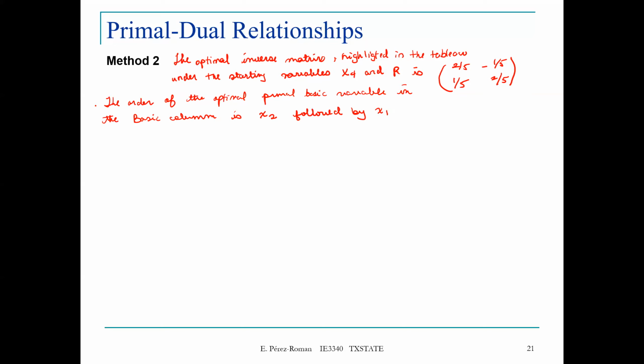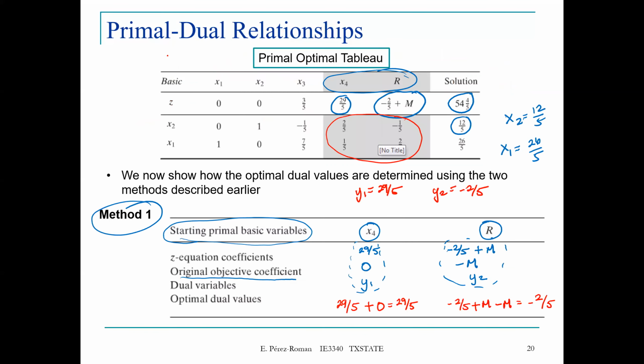So the order of the optimal primal basic variable in the basic column is x2 followed by x1. So this is what we are referring to, x2 followed by x1.